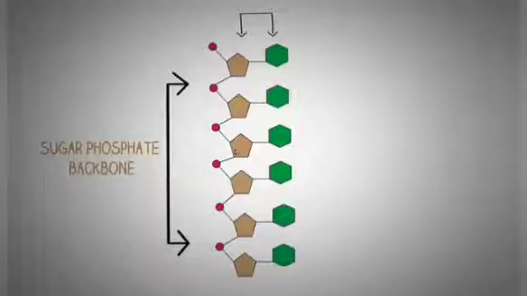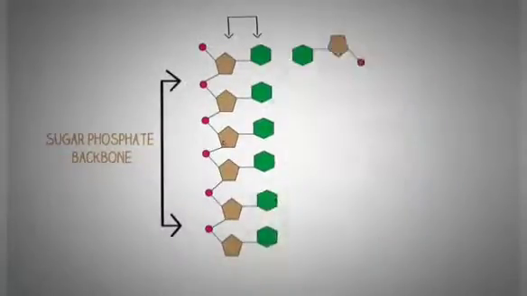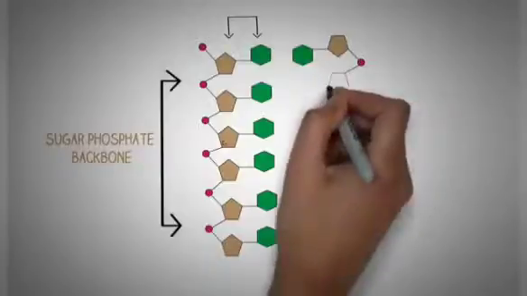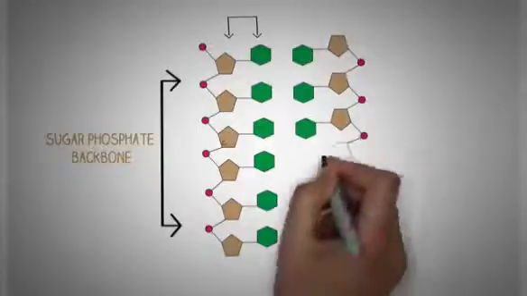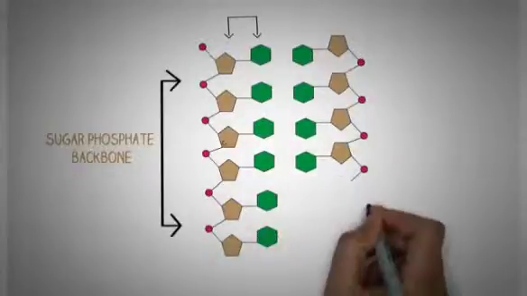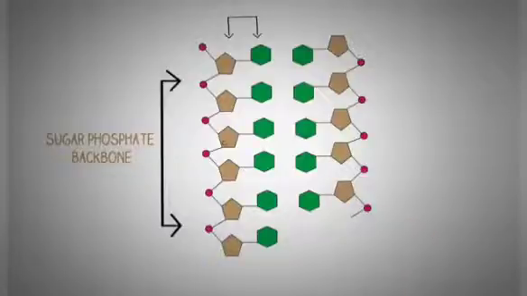Now this can be an example of RNA if the sugar present in this example is a ribose sugar. But if we take a similar strand of polynucleotide and run it in the opposite direction, this strand binds with the original strand through hydrogen bonds.